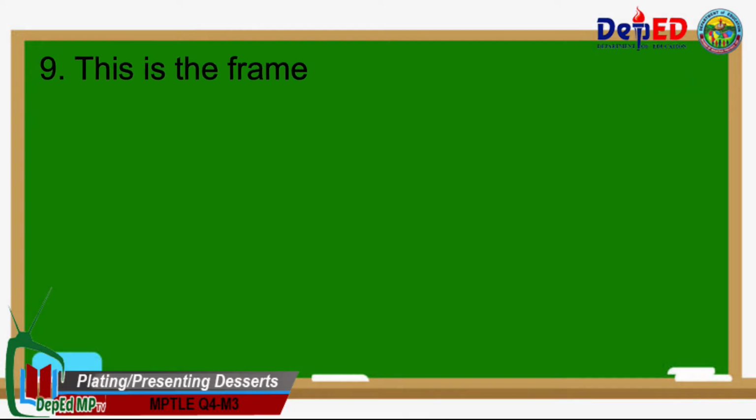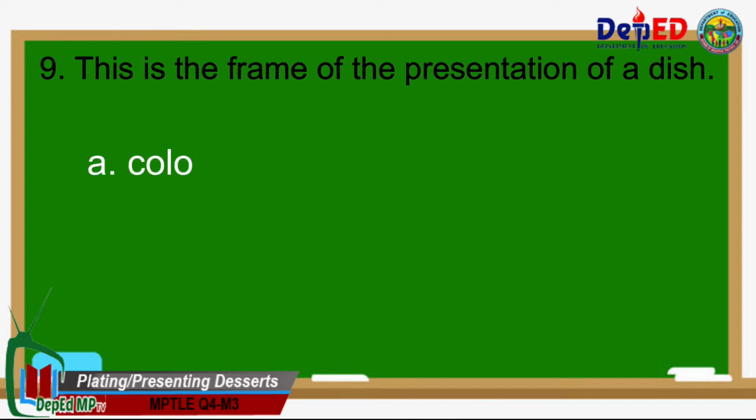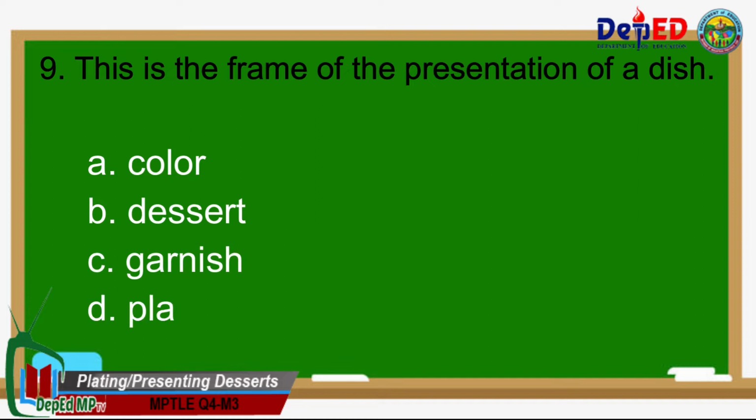Number 9. This is the frame of the presentation of a dish. Letter A. Color. Letter B. Dessert. Letter C. Garnish. And letter D. Plate. The correct answer is letter D.